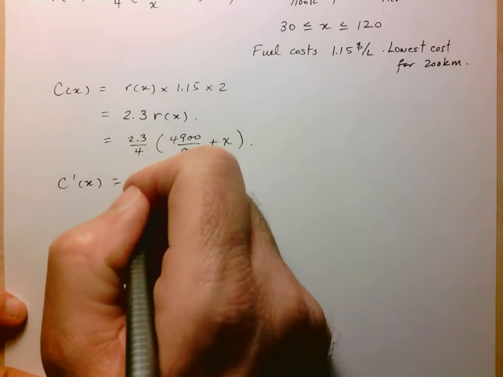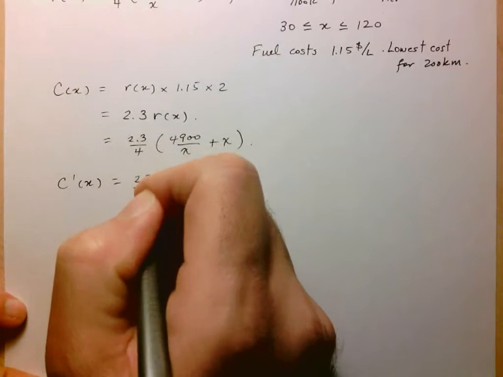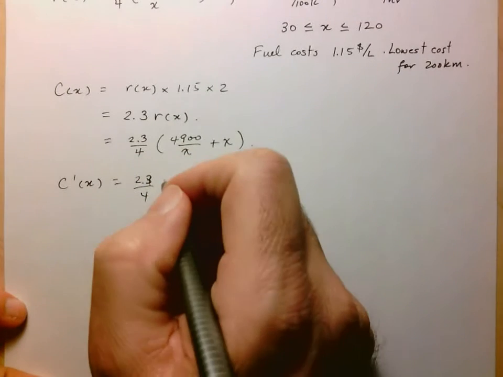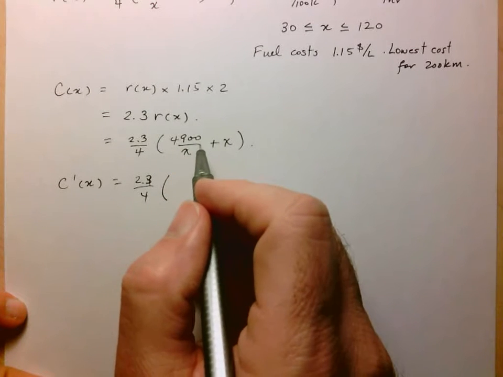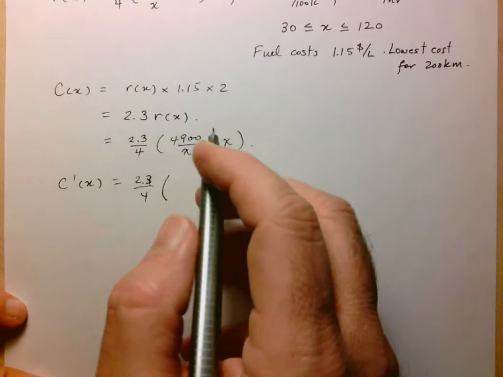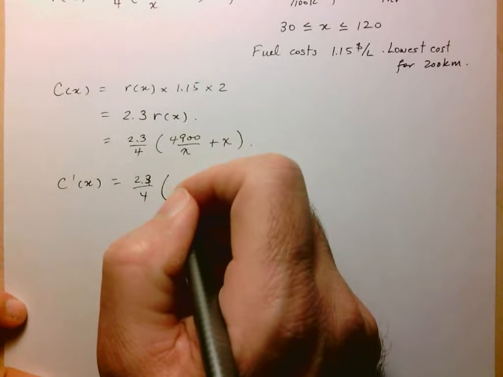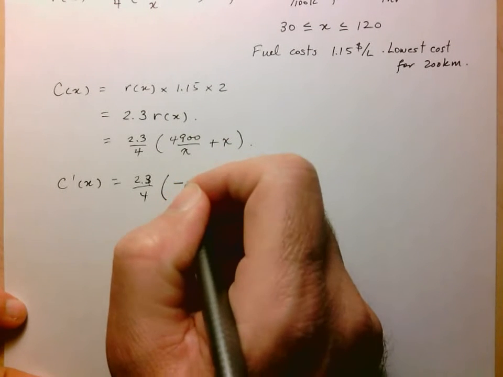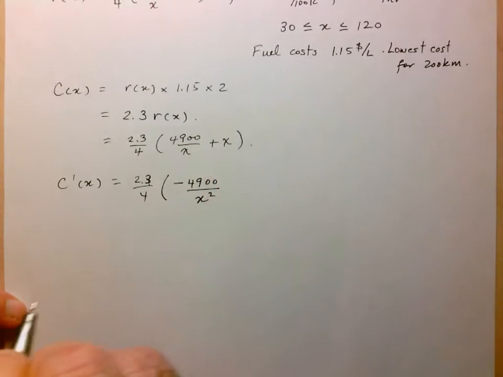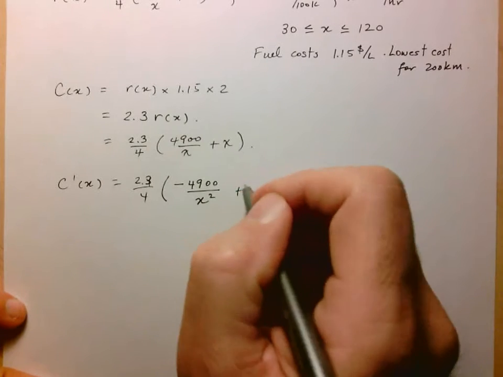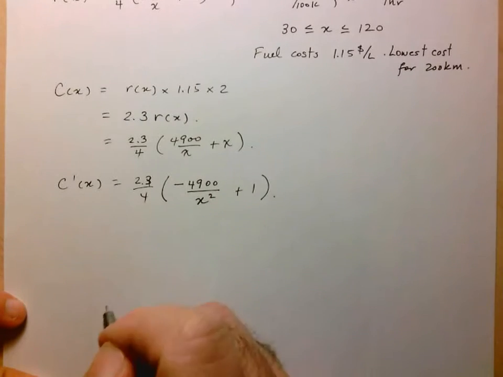So let's take the derivative here. The 2.3 over 4 is just a constant, so it doesn't affect anything. It's 4,900 times x to the negative 1, so the derivative is negative 4,900 times x to the negative 2, which becomes negative 4,900 over x squared, plus the derivative of x, which is just 1, nice and easy.